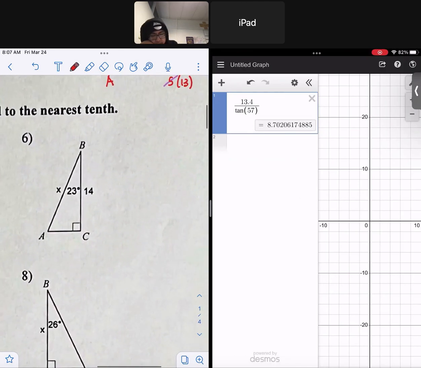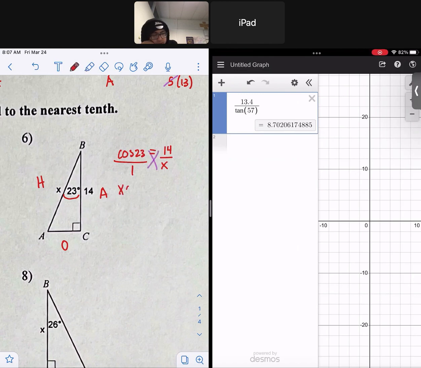Number 6, in the perspective of this angle, opposite, hypotenuse, and adjacent. We have information at A and H, so that's cosine. So cosine of 23 equals adjacent over hypotenuse. Cross multiply, we get x cosine 23 equals 14.